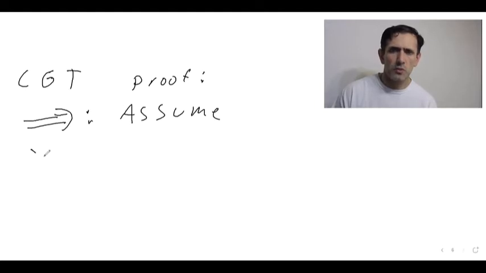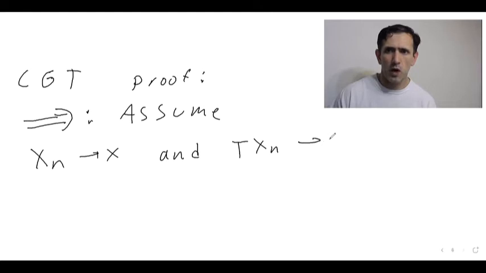So let's assume xn converges to x. The graph of t is closed is the same thing as saying if xn converges to x, and txn converges to y, then we need to prove that y equals tx. Well, this is kind of trivial. We don't even need this.